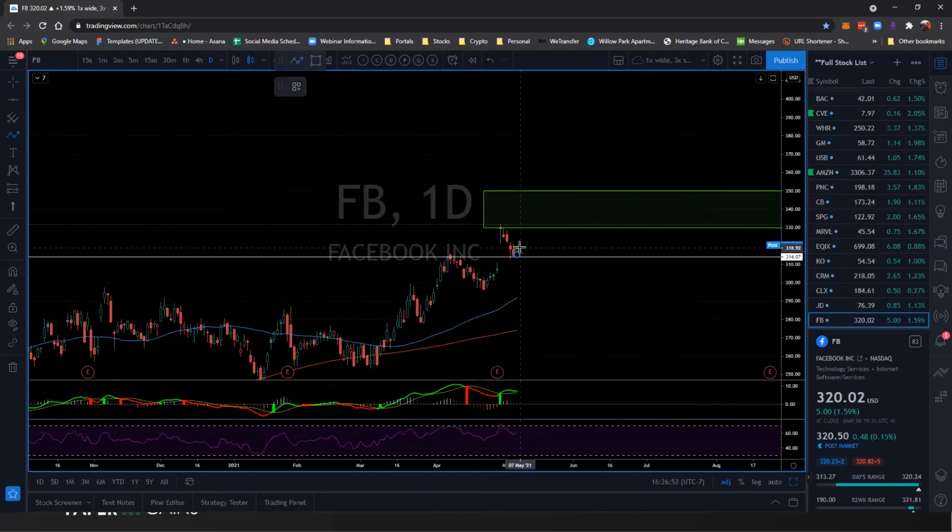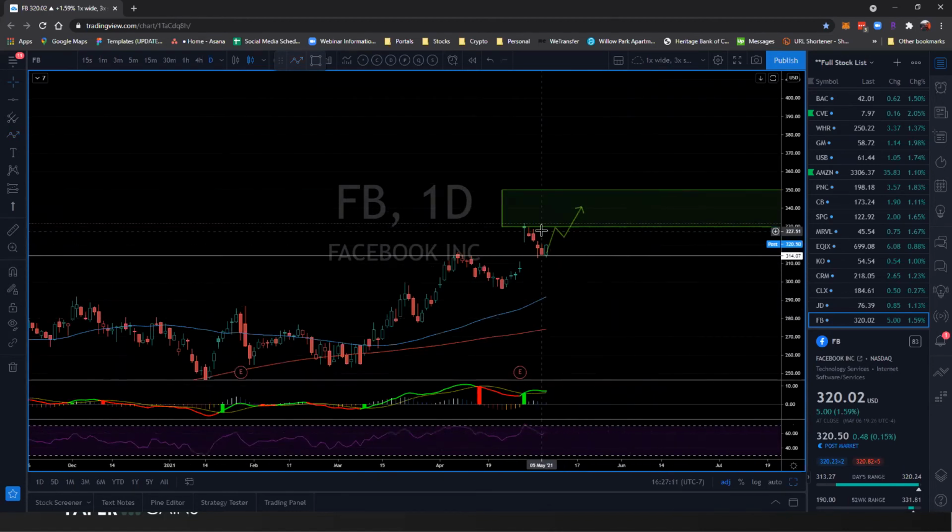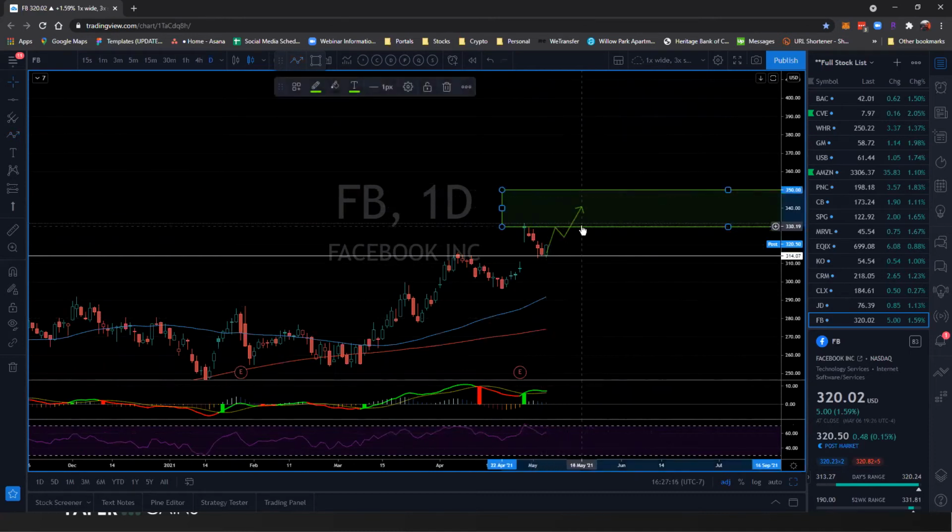So I think, okay, well, if it bounces here, it's probably going to go up to here, and it's probably going to come down a little bit. And we hope to get somewhere in here. Here would be, let's call this 340. So at 340, how much is my spread going to be? So I bought the 330 and I sold the 350.